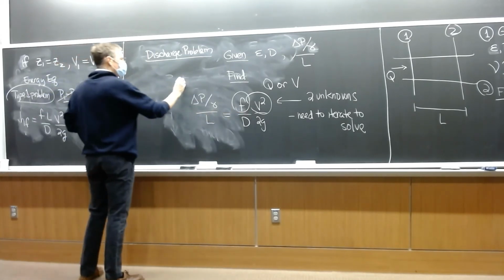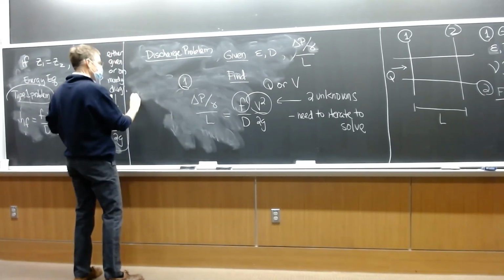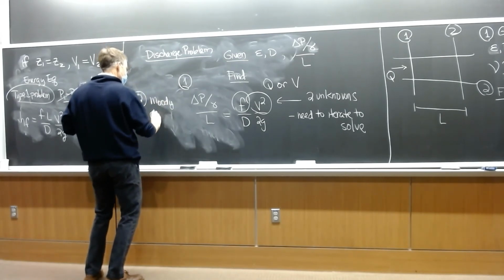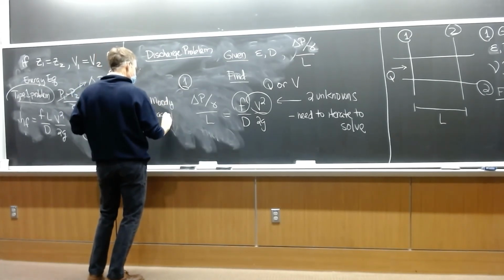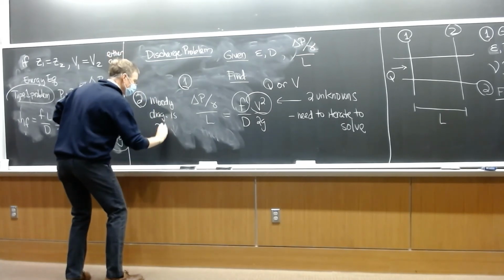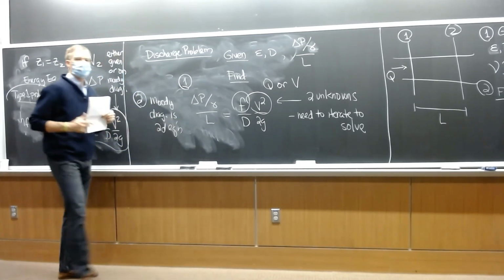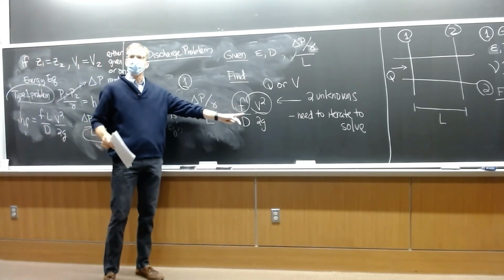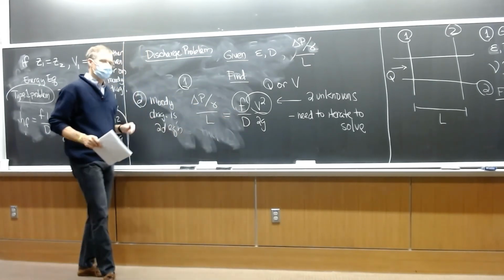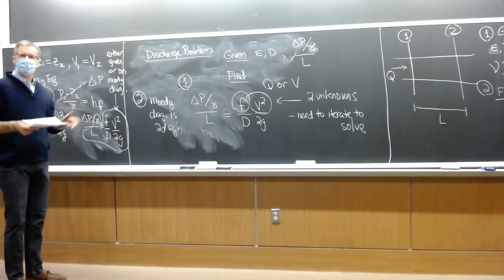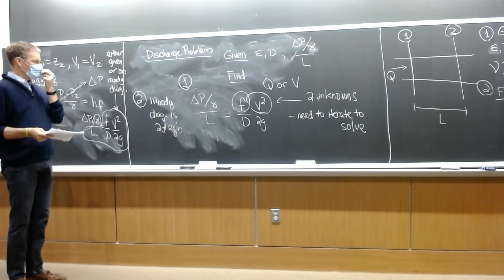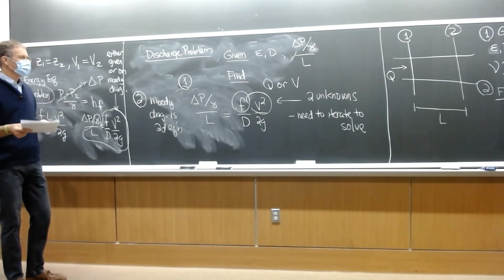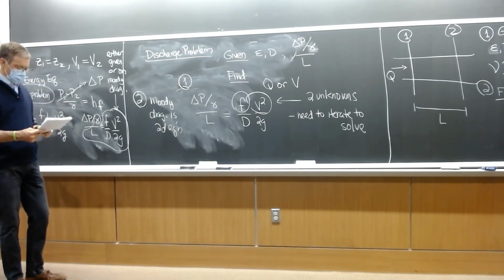This is one of our equations, and the Moody diagram is in effect our second equation. That is, it relates the thing that we want to know, the friction factor, to the things that were given. And so this problem can be solved, but it can't be solved explicitly. It has to be solved iteratively. And we'll do an example of that.